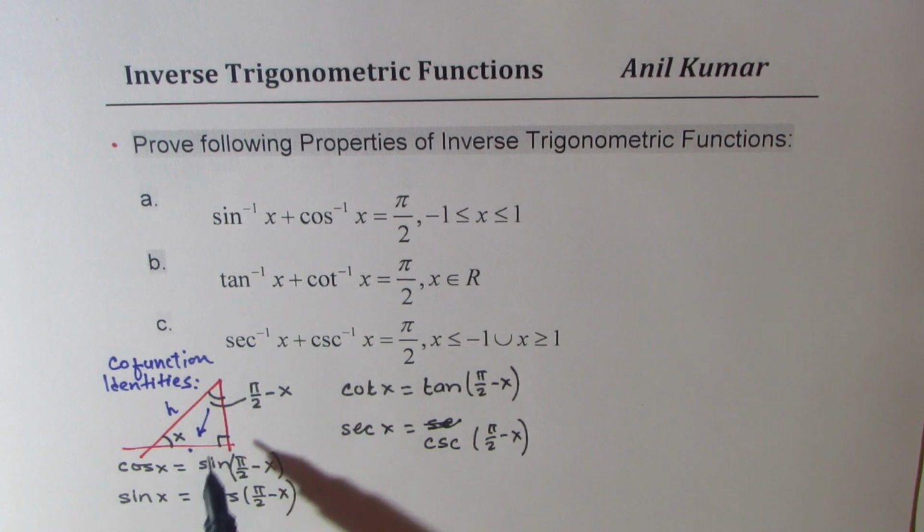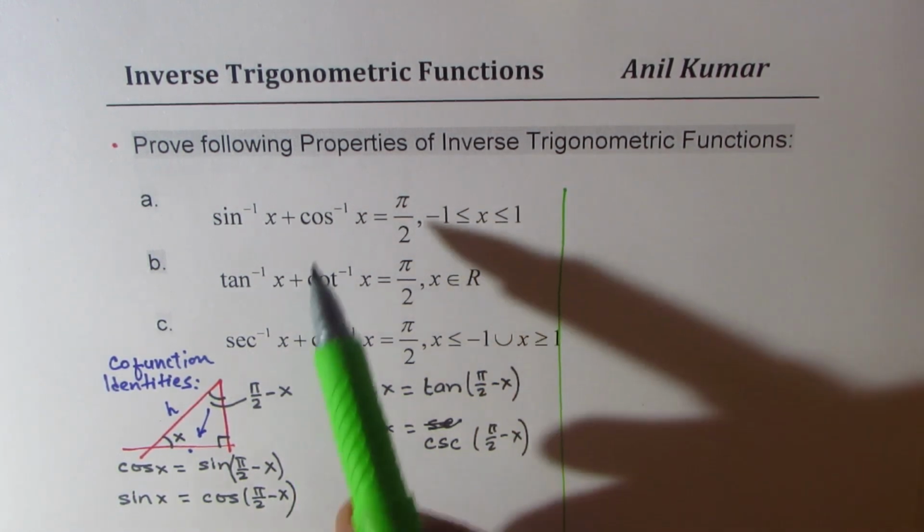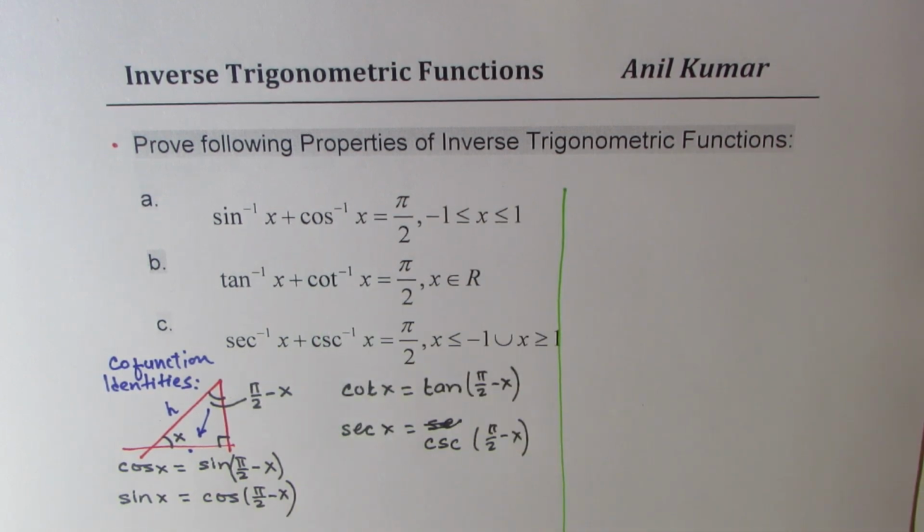It's just seeing the triangle from the other side, you get to all the co-function identities, right? So that is one part which we should be very clear of. And since I'm going to use it in the derivation of all the three properties, I thought let me discuss it first.